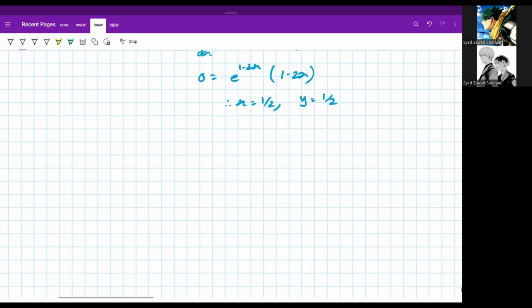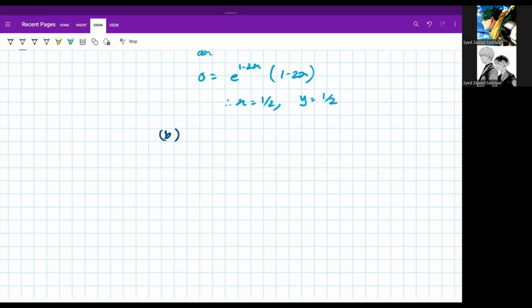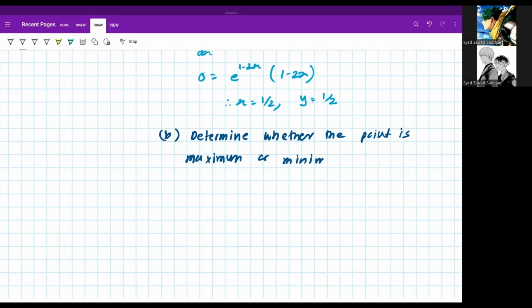Okay, now separately, part B will ask, determine whether the point is maximum or minimum.